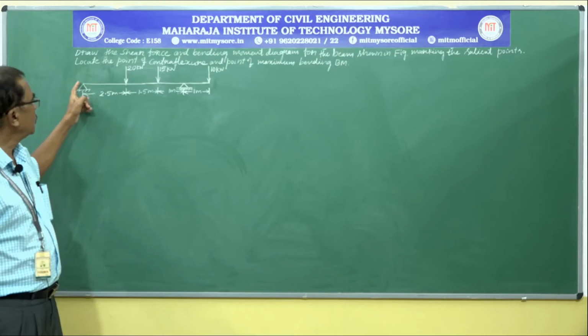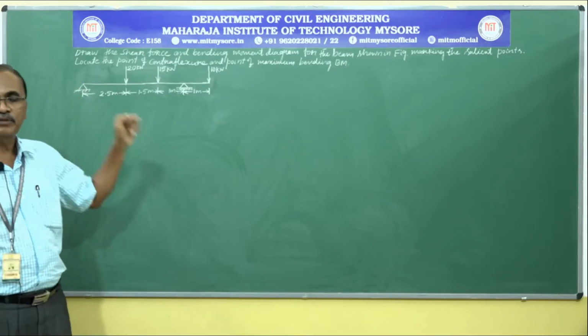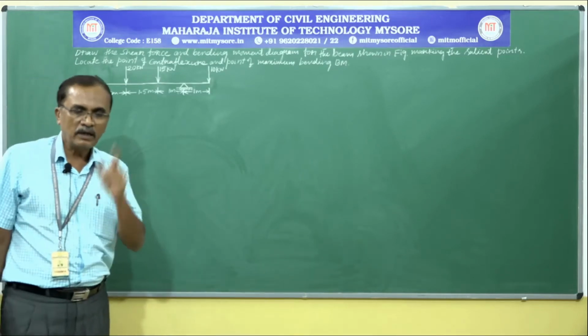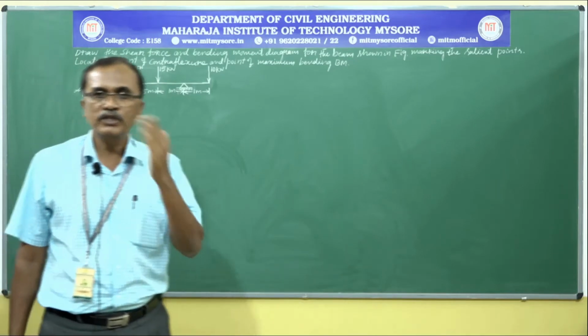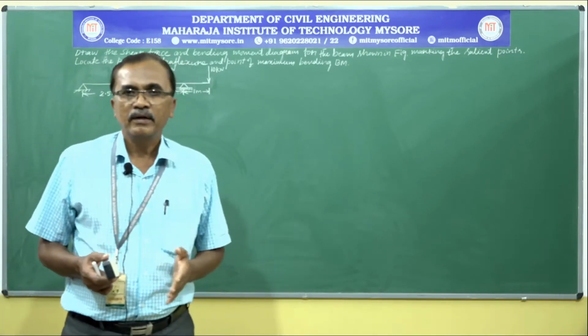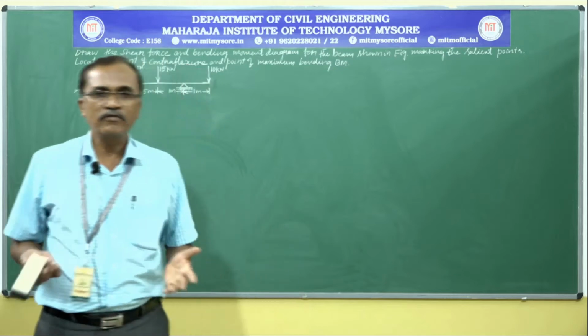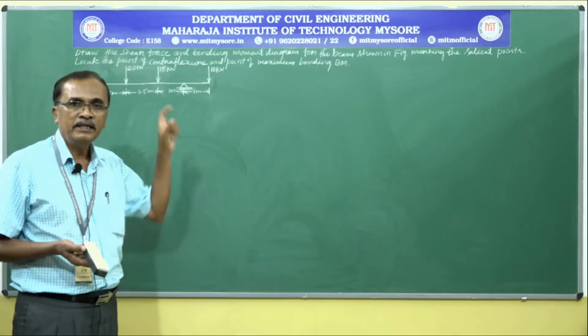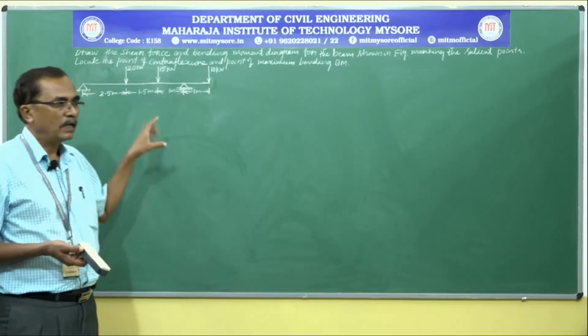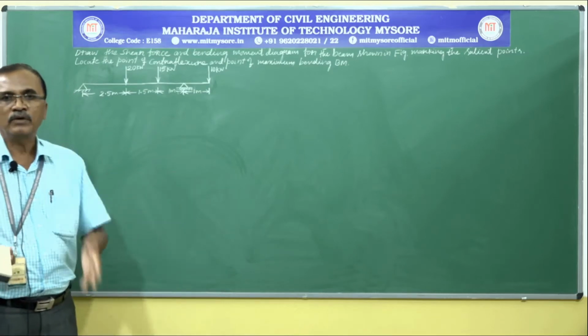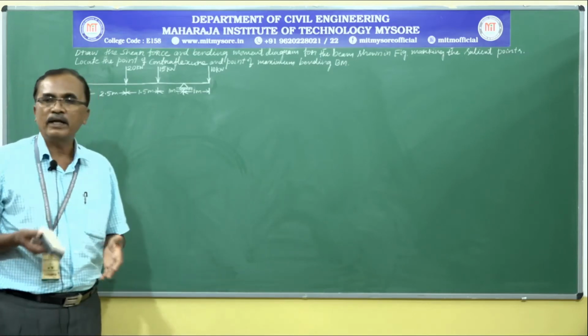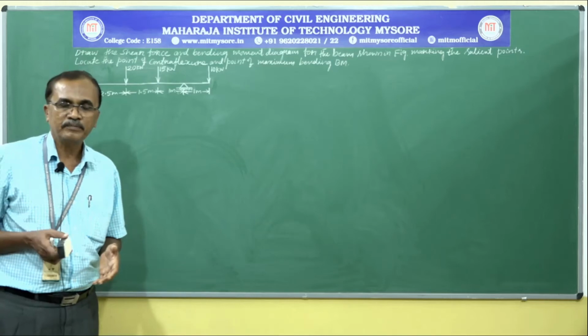Though there are two reaction components at the pinned support, the horizontal component has nothing to do with the shear force and bending moment, so we are not considering the horizontal force component in this module to calculate support reactions and even to calculate shear force and bending moment.